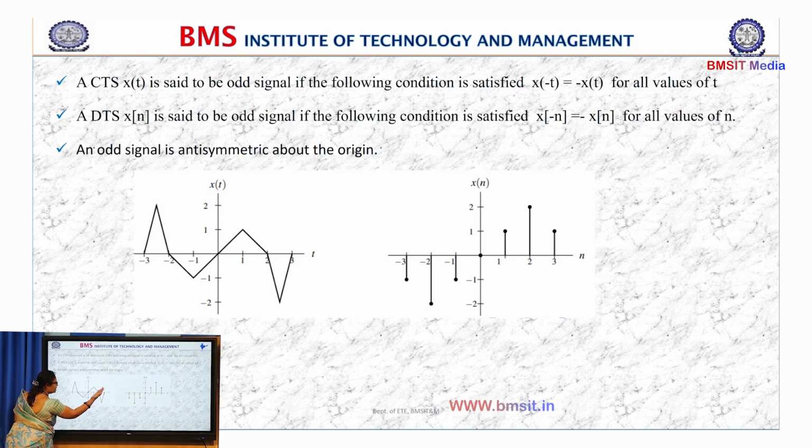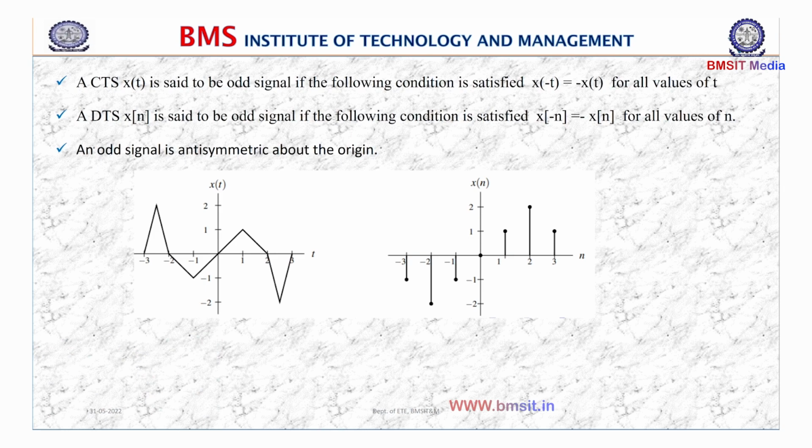So it is antisymmetric. Similarly for discrete time sequences, at 1 I have amplitude 1, but at minus 1 amplitude minus 1. So x of minus n is equal to minus x of n. Seeing these two waveforms, we can say that the odd signal is antisymmetric about the origin.